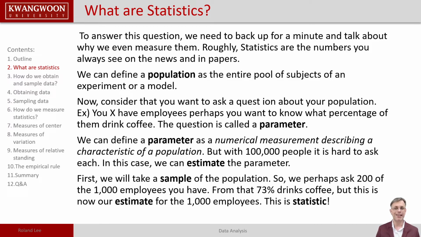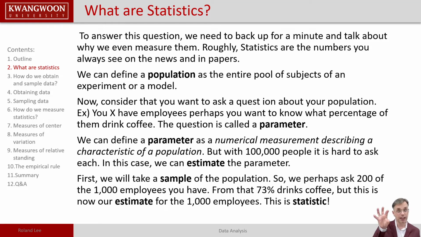First, we will take a sample of the population. We can define a sample of a population as a subset of that population, so a part of that population. So we perhaps ask 200 of the 1,000 employees you have, and of these 200, suppose 26 use drugs, making the drug use rate 13%.